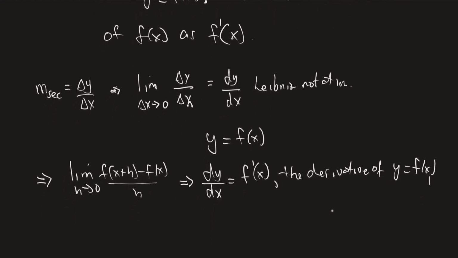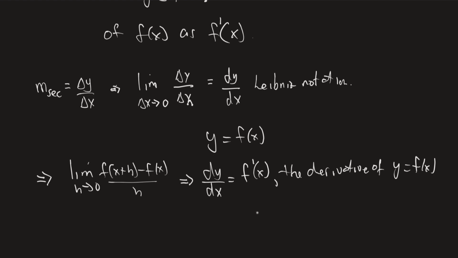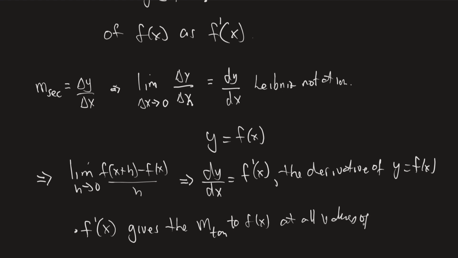And what does it give us? It gives us the slope of the tangent line at any value of x at which this is well defined. So let's write that, and that's the perfect place to stop. So f prime of x gives the slope of the tangent to f of x at any value of x at which it is defined, right? So at all values of x for which it exists, right?